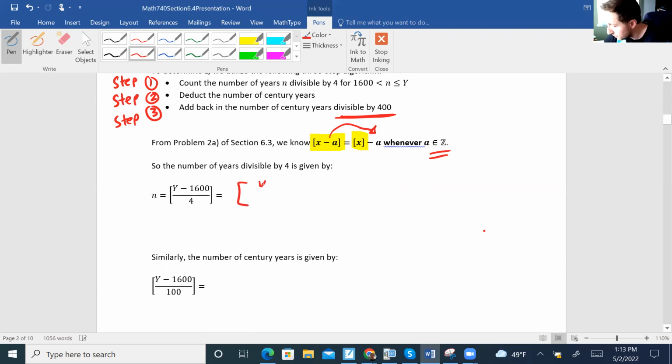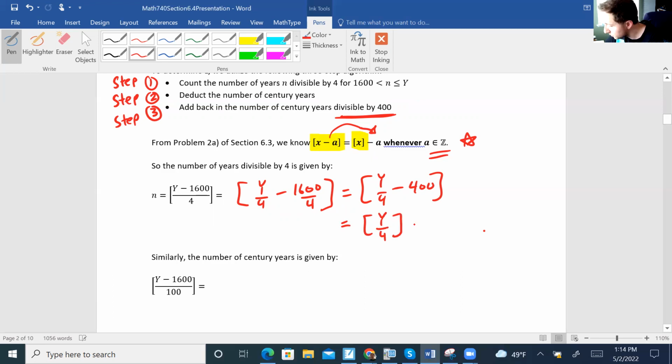So if I split the fraction apart, this would give me Y over 4 minus 1600 over 4, which is equal to Y over 4 minus 400. And using this property 2a, 400 is an integer, so this reduces to the greatest integer function of Y over 4, minus 400.